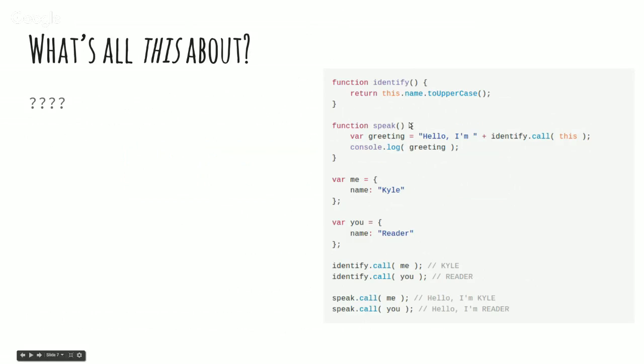Exactly, even though there's no defined argument here. You're using a call function, so it seems like the identify block is expecting me to pass something. When I call, it's going to treat me as the variable.